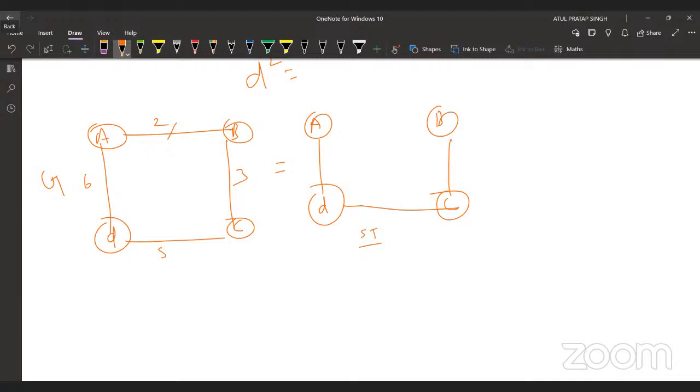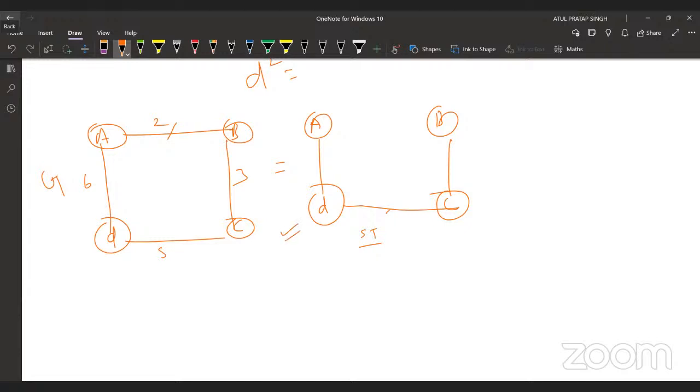Because if we remove any other edge from this spanning tree, then the graph will become disconnected. For example, if we remove this one, the graph will become disconnected. If we add any extra edge to this graph, it definitely creates a cycle. So we can say that this is a spanning tree.